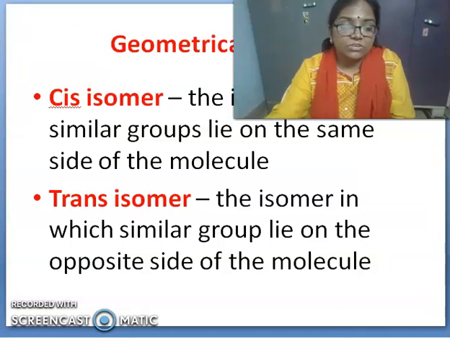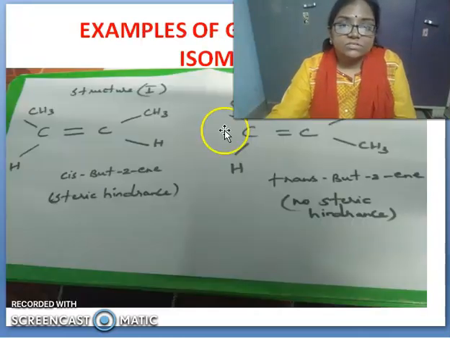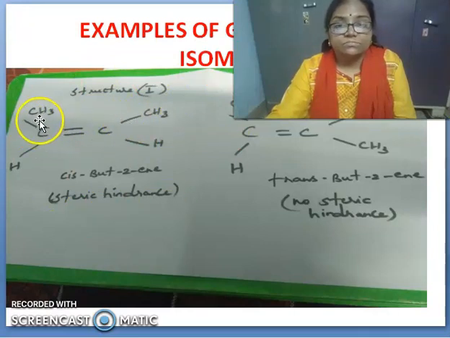When you compare the stability of cis isomers and trans isomers, trans isomers are highly stable when compared to cis isomers. The reason behind this is, in the case of the trans isomer, there won't be any steric hindrance, since the bulkier groups are placed diagonally opposite to each other, whereas in the cis form the bulkier groups are lying close to each other, so it is found to be highly reactive.